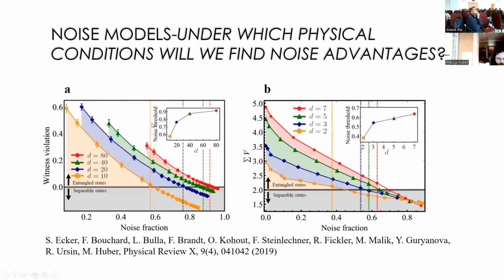And this led to this plot, of which I'm going to discuss maybe the left-hand side. It's the most illuminating. It's the time bin plot where we cycled through dimensions 10 to 80. You see here in orange, that's dimension 10, 20, 40, and 80.